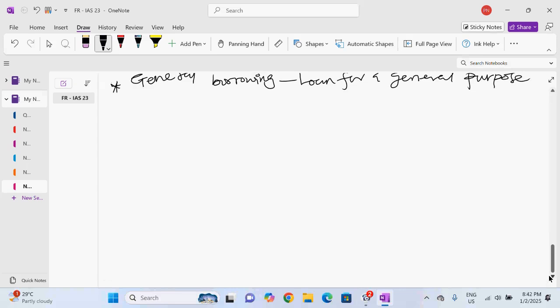So let's solve one of the questions under borrowing. An example. I think I've shared the example to the group. Let me bring it here. All right.